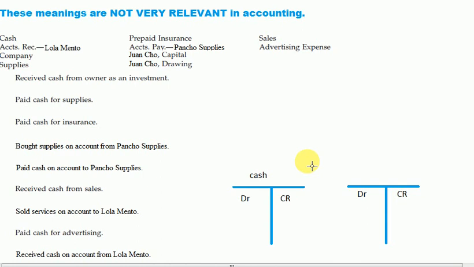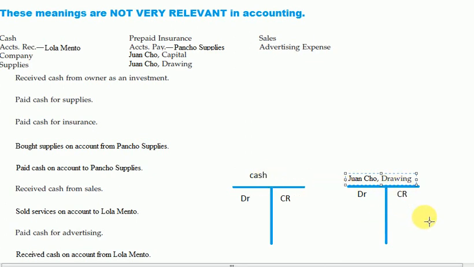If the owner wants to take the toilet or the air conditioner out of the business and take it home and use it for himself, he can totally do it. He has the right. The business belongs to him. So in this case, we know it is called drawing. Drawing is when the owner takes asset out of the business for personal use. Not for the business use, for personal use.